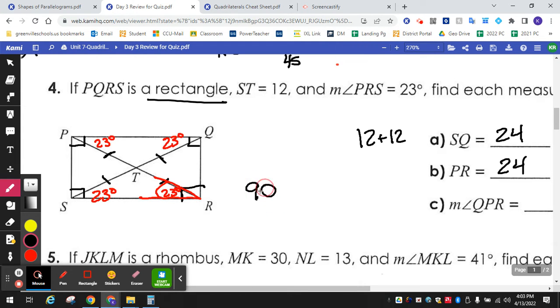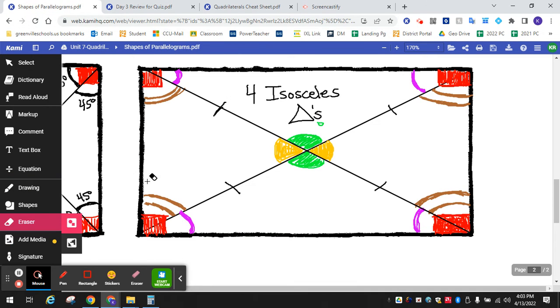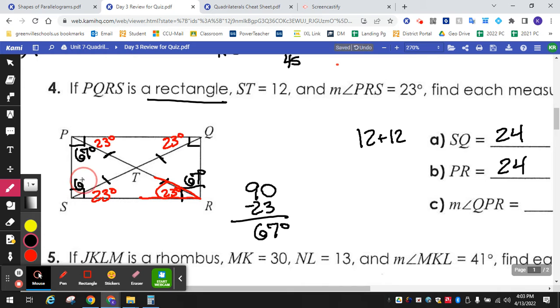So if you have 90 degrees and you're taking away part of it, 23 to be exact, you'll figure out what's left. 90 minus 23 is 67. So this is 67, this is 67. And if you look at the cheat sheet again, all my brown double angles are 67s because they're isosceles triangles. So this has to be 67 and this has to be 67.